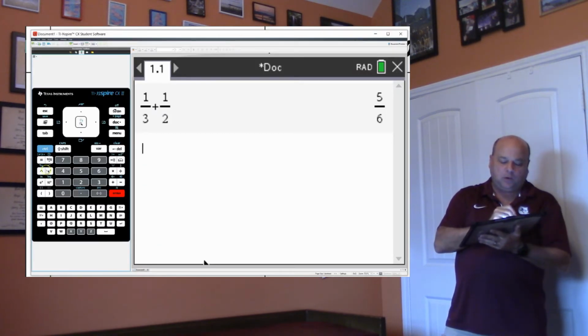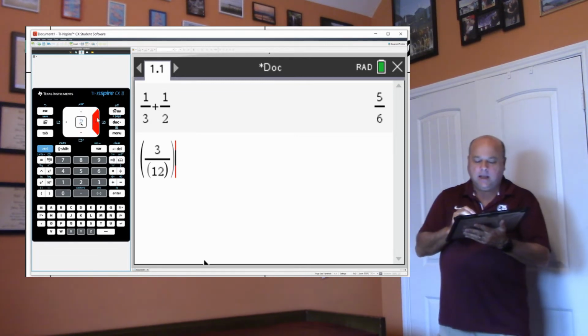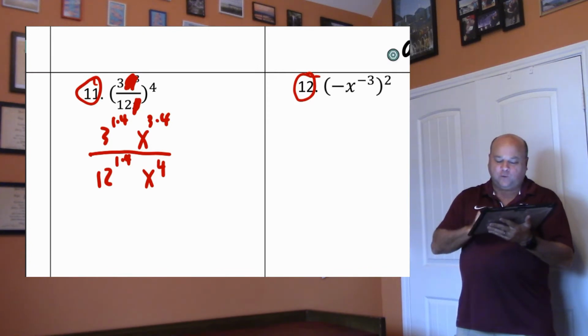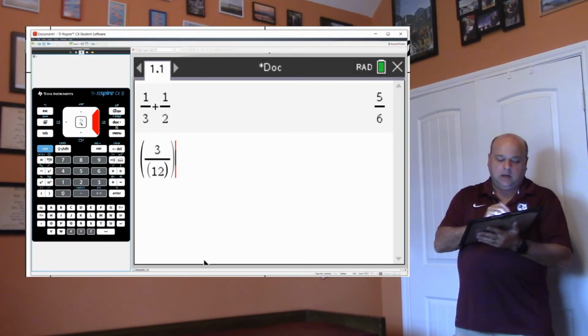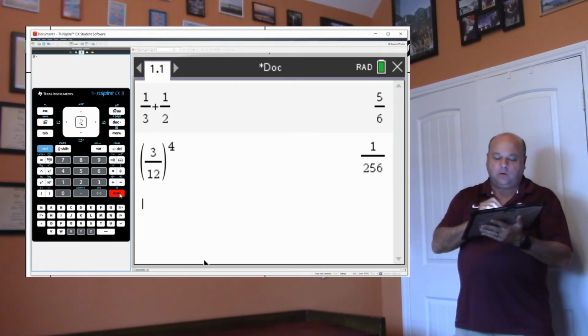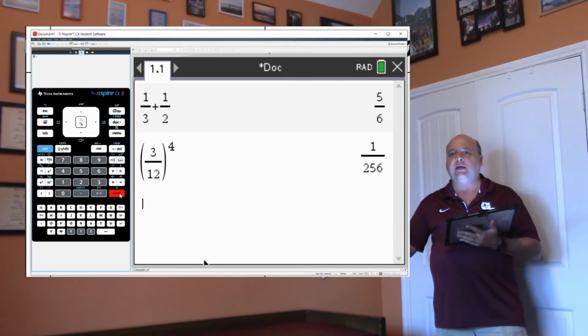So I'm going to punch parentheses, control divide, 3, down button 12, close parentheses, and then hit the right arrow button. Okay, so I have 3 over 12, and then I'm going to punch it to the 4th power, right? Caret 4. So I have 3 over 12 to the 4th power, hit enter. That's what my number is going to turn into, 1 over 256.